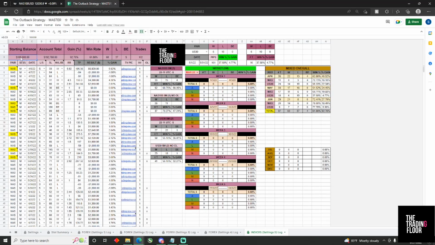And so just as a general concept, we started out with $100,000 and we made 92% with about a 62 win rate on 102 trades, which is super cool. NAS did a lot better than US 30, but US 30 still did very solid. And so I'm not going to go into that much detail about the stats. As you can see, everything's kind of laid out for you. Please feel free to pause the video and look at it if you want to.